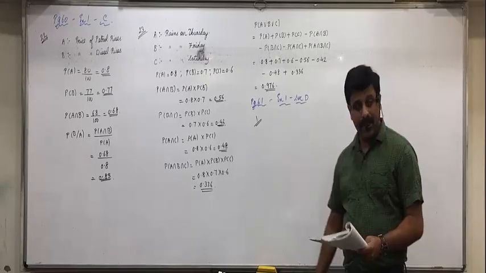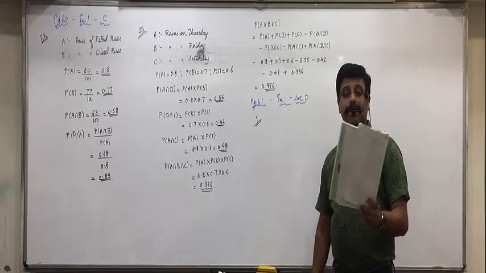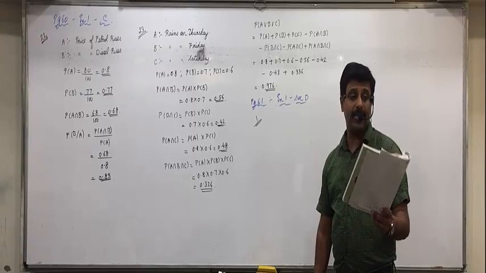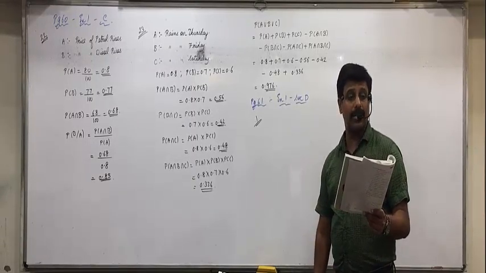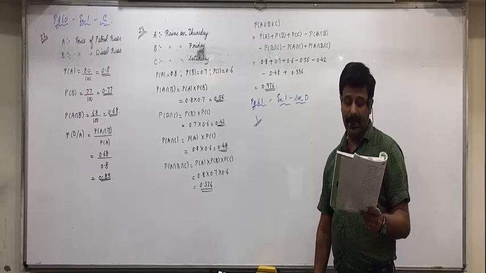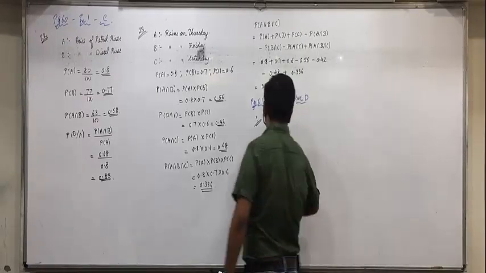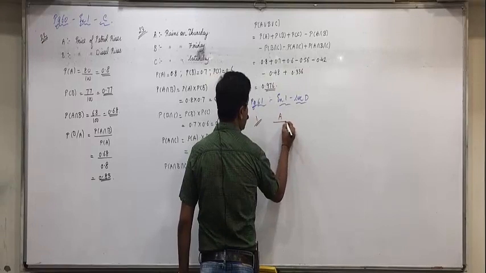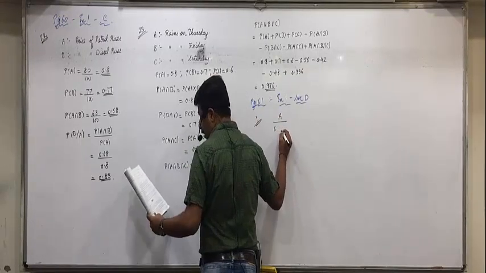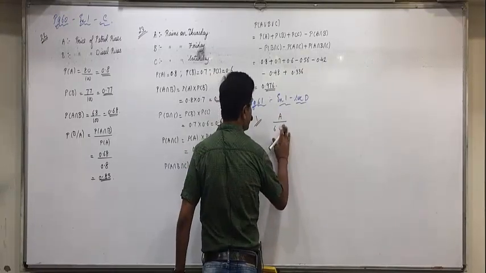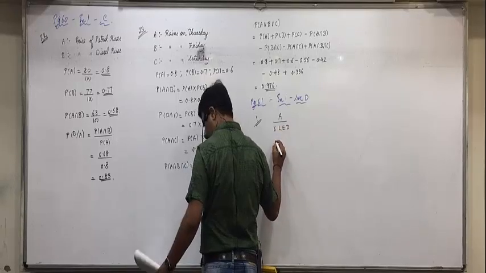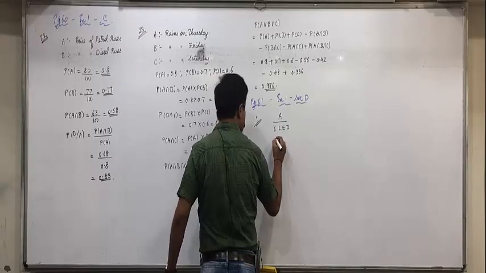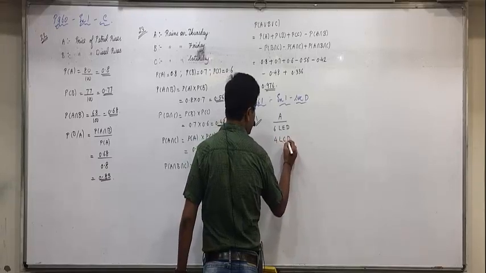We had done it. 6 LED televisions and 4 LCD televisions are displayed in digital store A. So digital store A, 6 LED and 4 LCD, total 10.